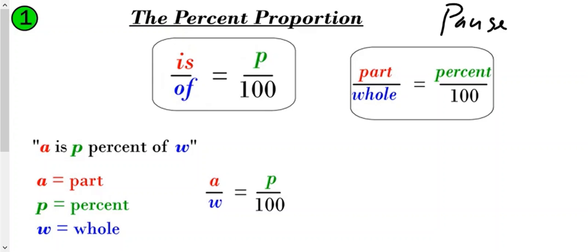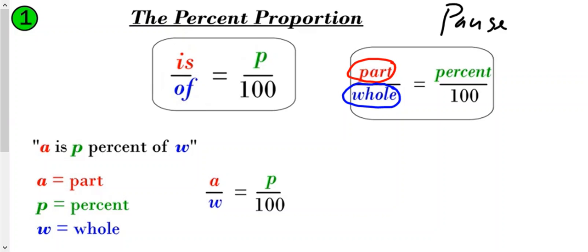So the percent proportion we're using is is over of equals P over 100, and you can see the is the part, so the part of the whole, and then of is the whole here. Okay, and then in our words, you can see over here, A is P percent of W, where A equals the part, P equals percent, and W equals whole.